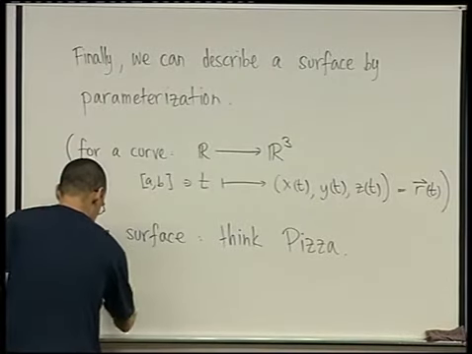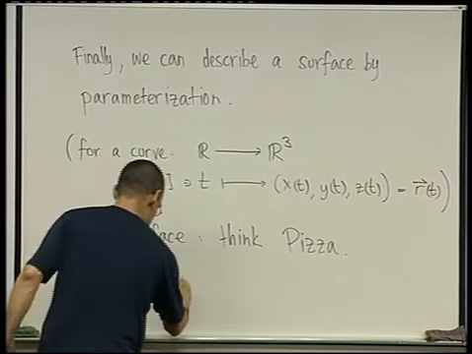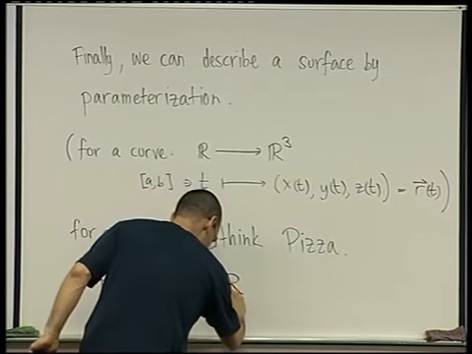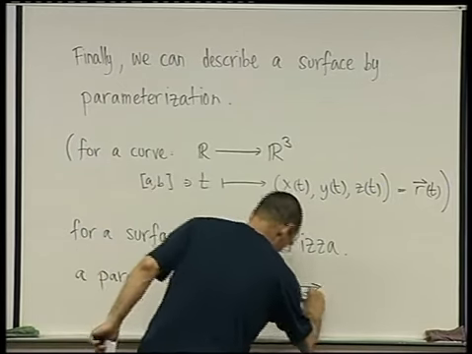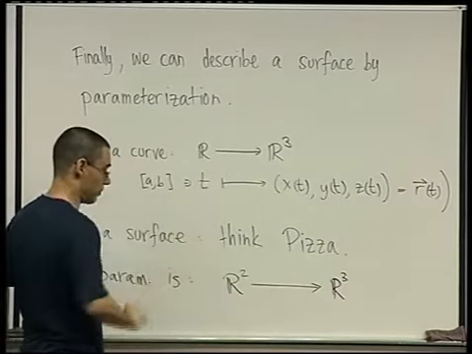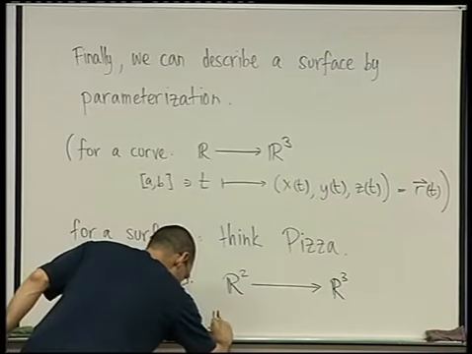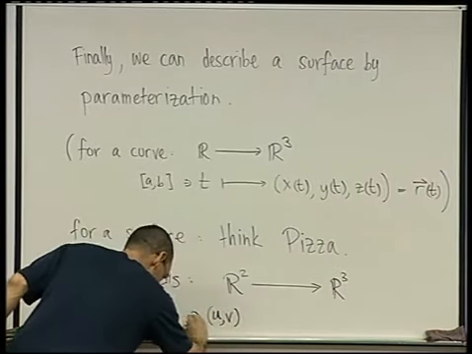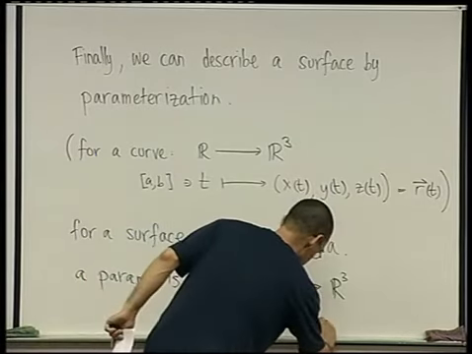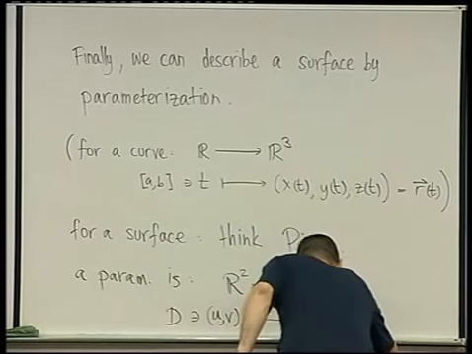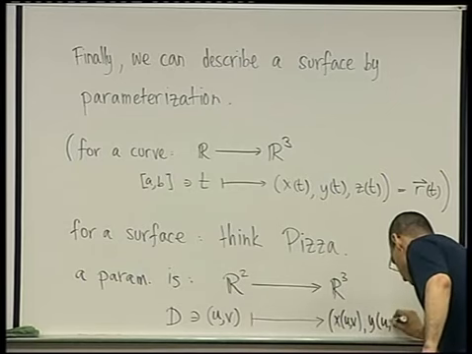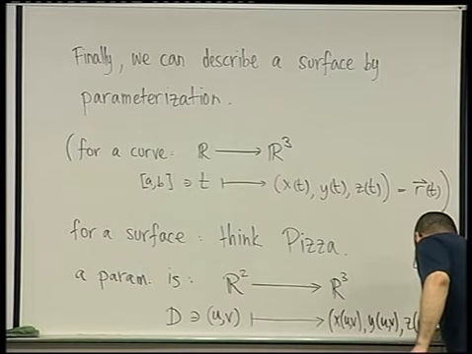A parametrization is a map going from R2 to R3, taking points in some domain in R2 and sending them to three-dimensional space to some point x of uv, y of uv, z of uv.